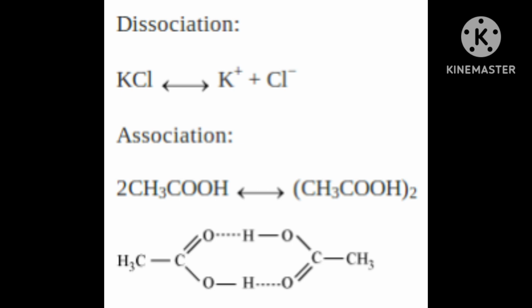If we ignore interionic attraction, there will be attraction but ignore it, then 1 mole of KCl in 1 kg of water would be expected to increase the boiling point by double, 2 into 0.52 Kelvin. For 1 molecule, that Kb value is 0.52 Kelvin, but here it will become double. Then it will be 2 into Kb value, 0.52, means 1.04 Kelvin.